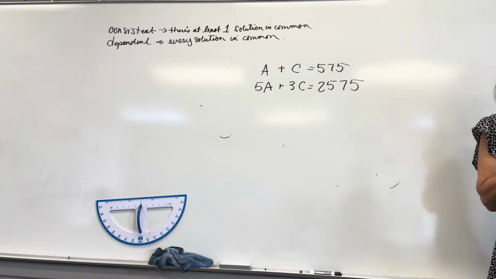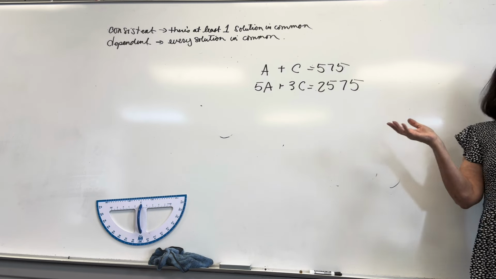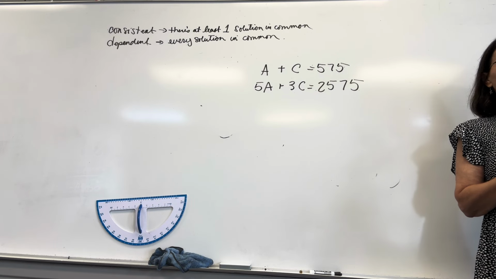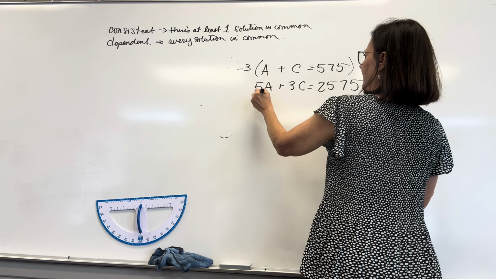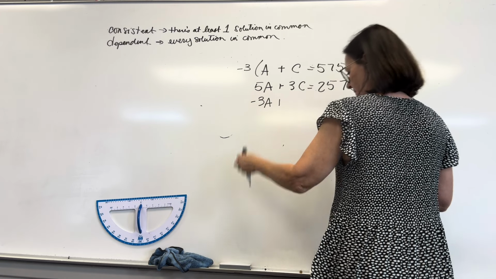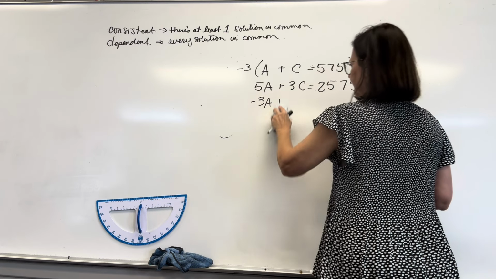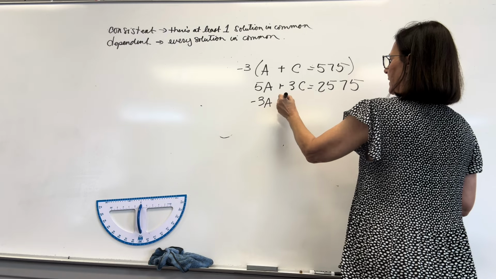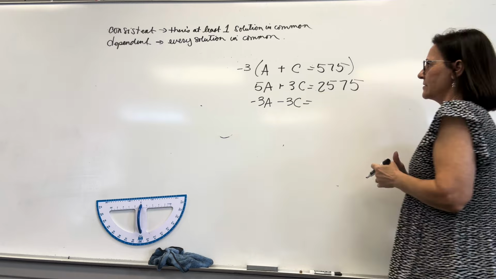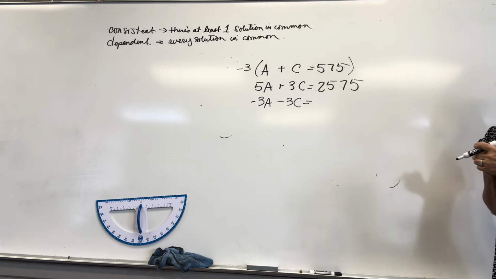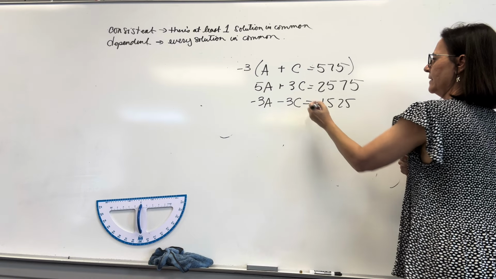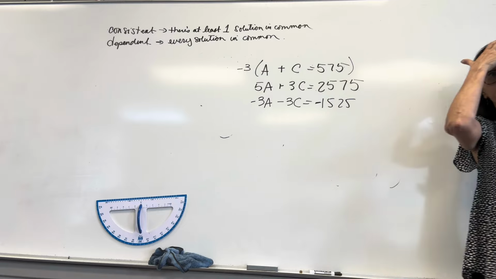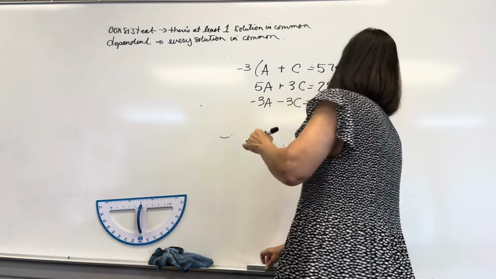Substitution or elimination? I love elimination. What do you want to eliminate? A or C? C. All right, multiply this by negative 3. Negative 3A minus 3C is, what's 3 times 575? 1,725. Negative 1,725.